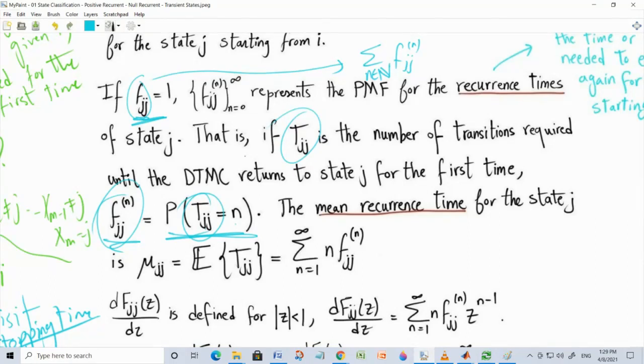And to say that TJJ is equal to plus infinity means that in no finite time whatsoever will you go back into state J. Okay?